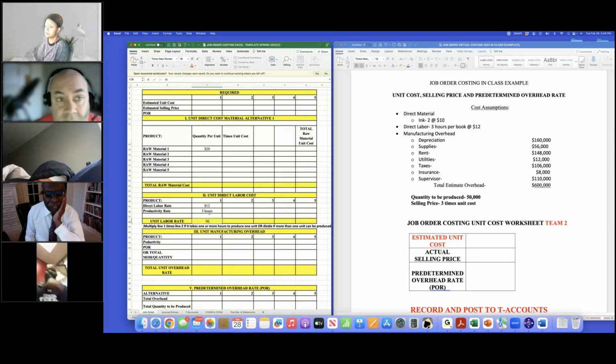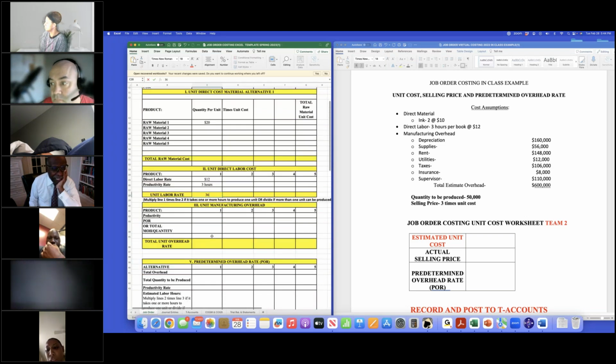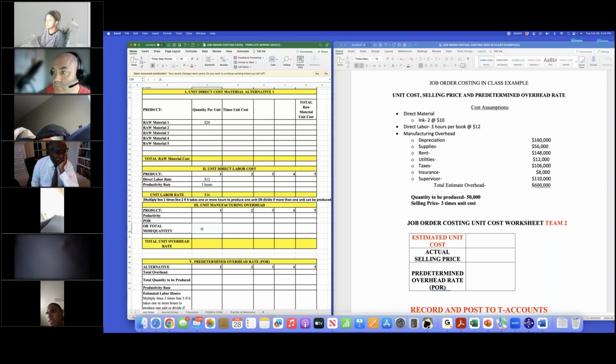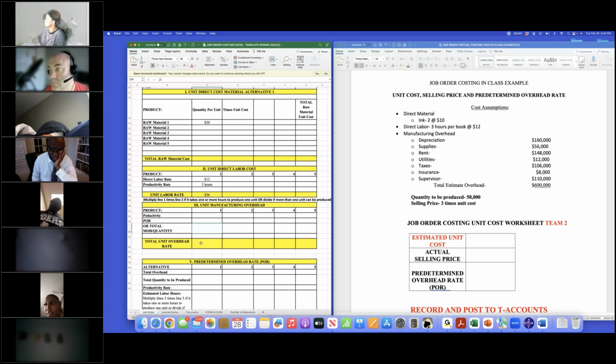All right, see if you can redeem yourself. How much is the manufacturing overhead? The three costs: there's raw materials, labor, and overhead. Now we're on overhead. 600,000 divided by 50,000, right?